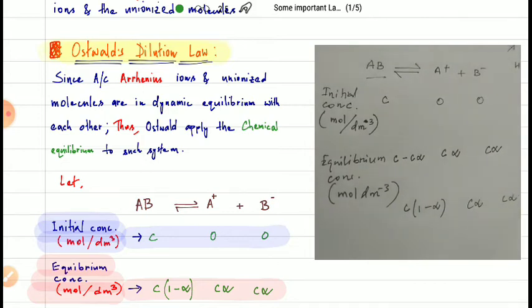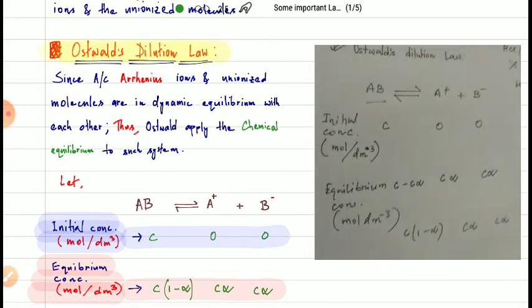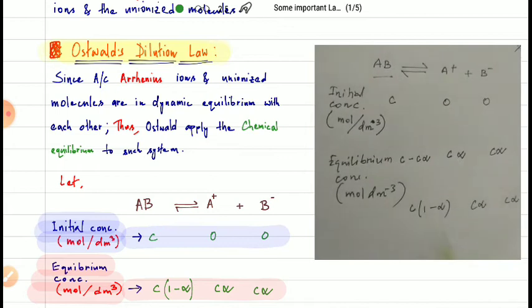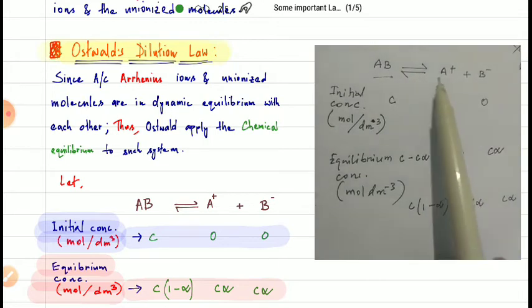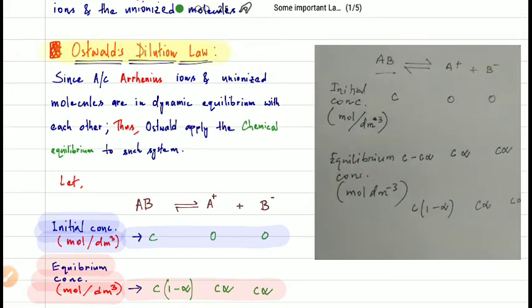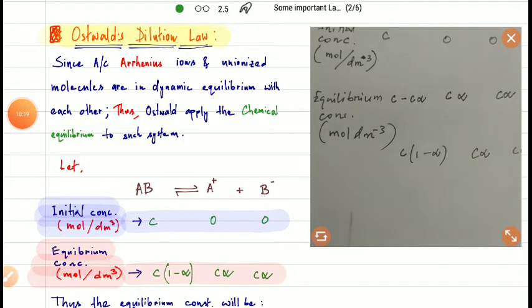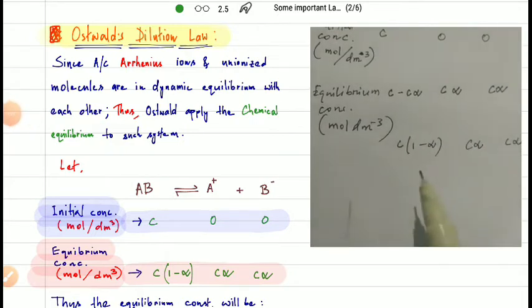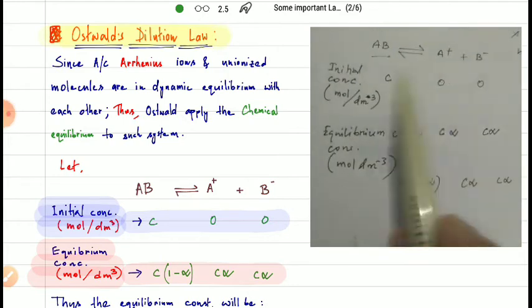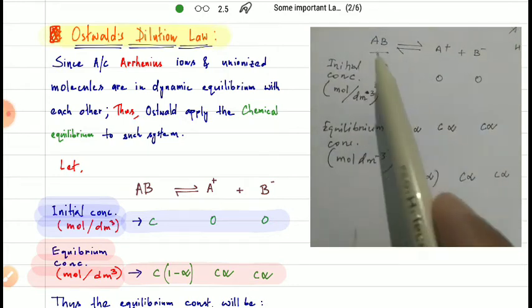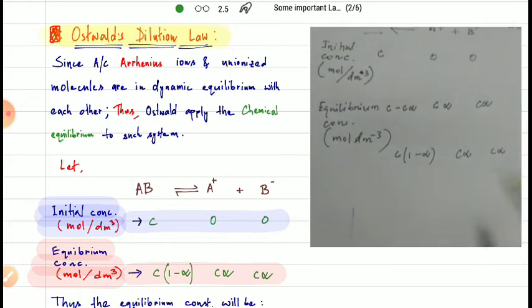So we now have the concentrations of the unionized molecule and the ions.